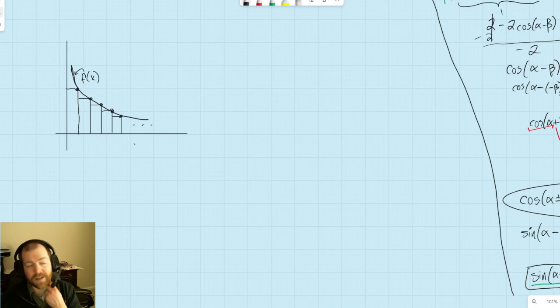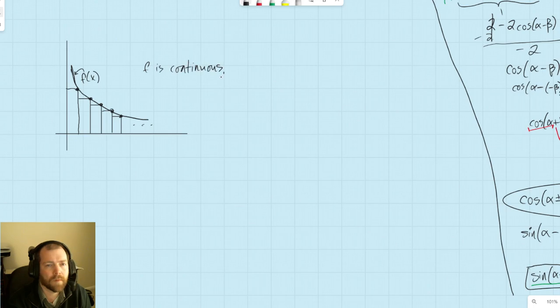Which is a continuous function. So that's condition 1. Condition 2 is that f is decreasing.